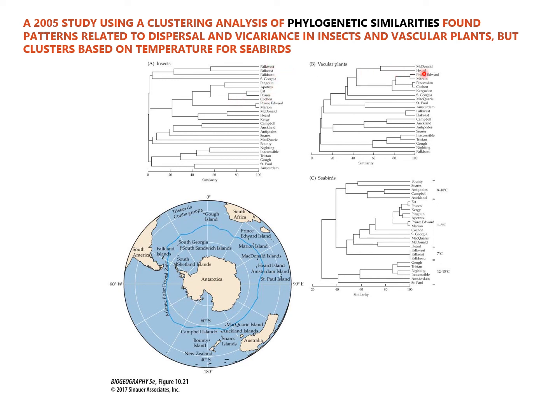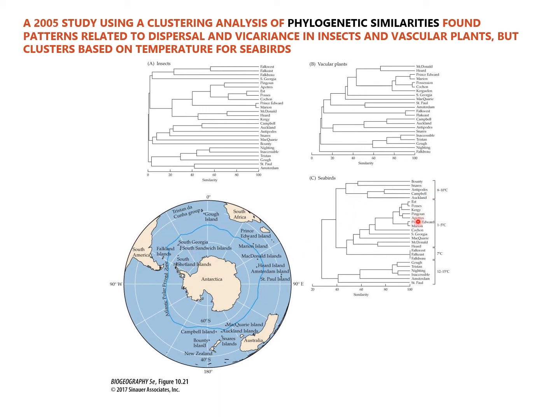They found that it clustered around the formation of the islands. It might be hard to read, but those are the names of the little islands in here. They thought that was probably related to dispersal events and maybe vicariance events, if organisms have been there for a long time and barriers had formed between them.